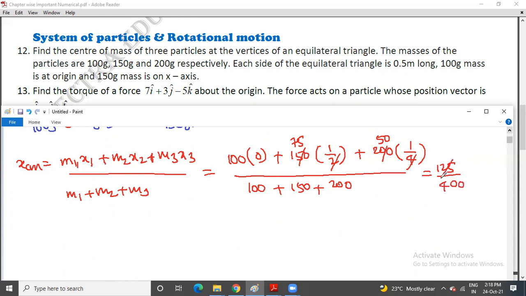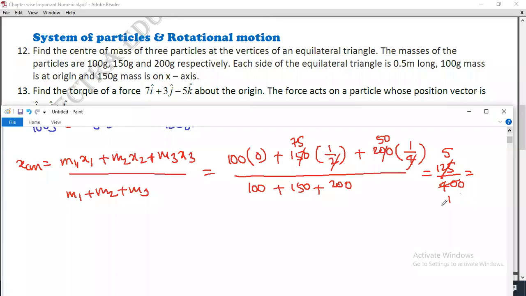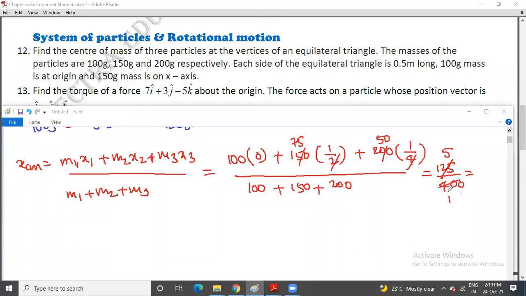So 25 ones are 25, 40 minus 25 is 15, 150. It is 6 times only. 25 sixes are 150. So XCM is 5 by 16 meters.